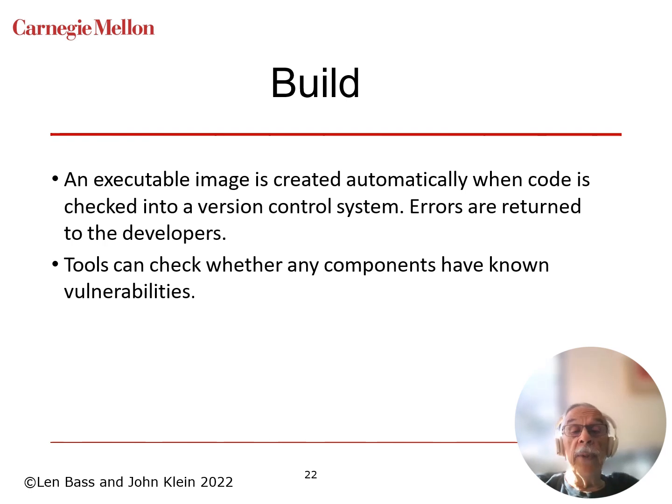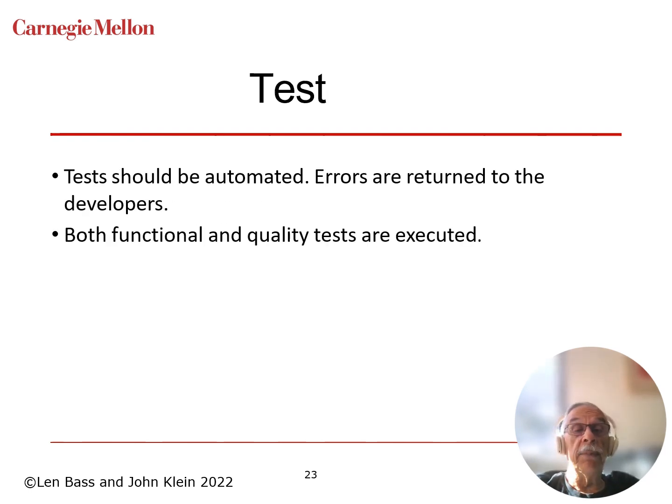And tools can check whether any components have any known vulnerabilities during the build stage, and then you do testing. And the test should be automated. Again, failed test returned to the developer. And you want to do both functional, does the system do what it's supposed to, and quality tests, how does it handle load, what are some security issues, is it usable, those kinds of tests are done.